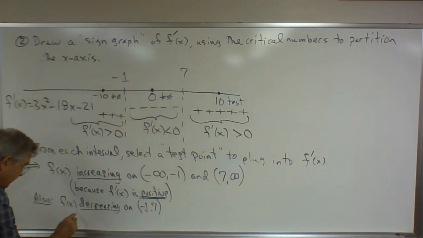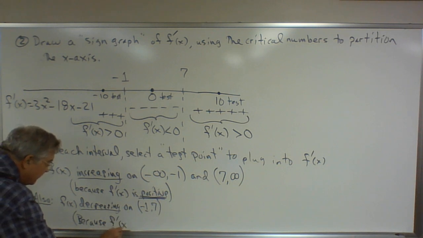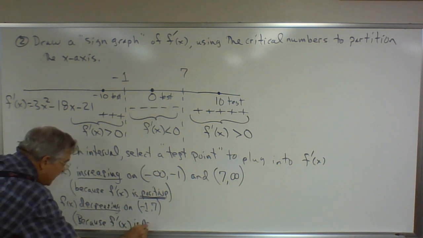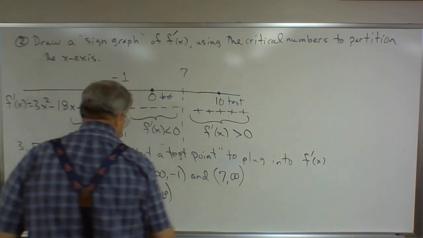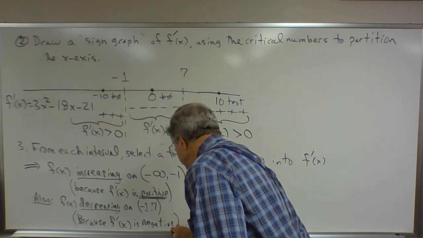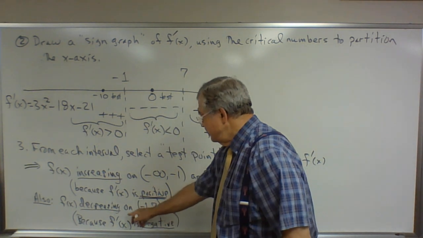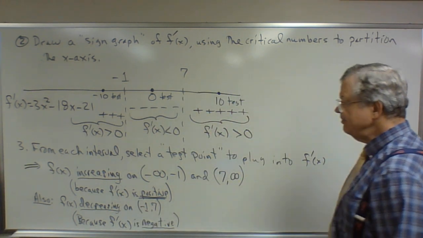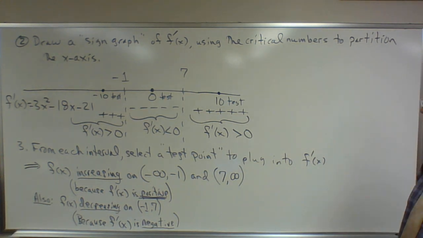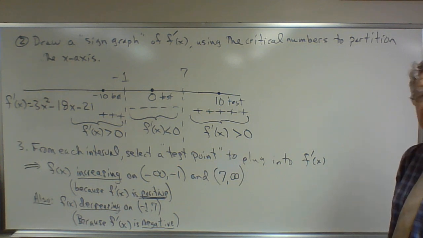And we'll note the reason why, because the derivative is negative. And remember, we associate negative with decreasing. Okay. We got increasing and decreasing in critical numbers.